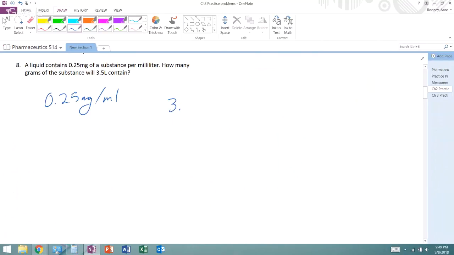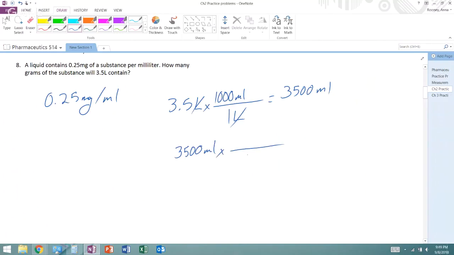Okay, so we have 3.5 liters, and there is 1,000 milliliters for every 1 liter, and that gets canceled. So we have 3,500 milliliters, and then it's 0.25 milligrams for every 1 milliliter.